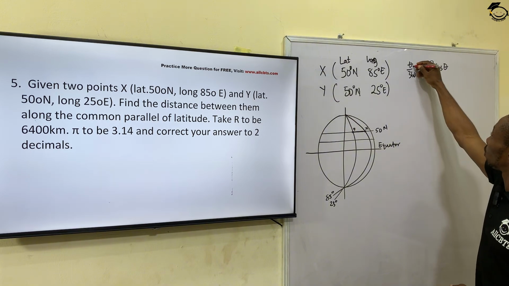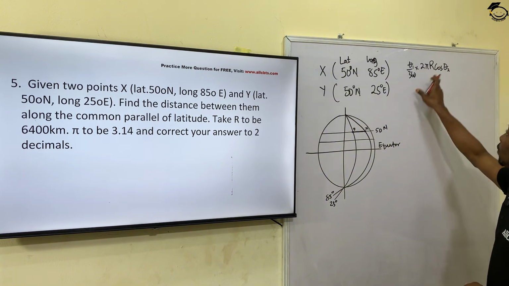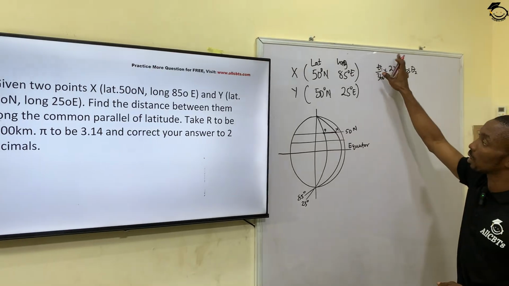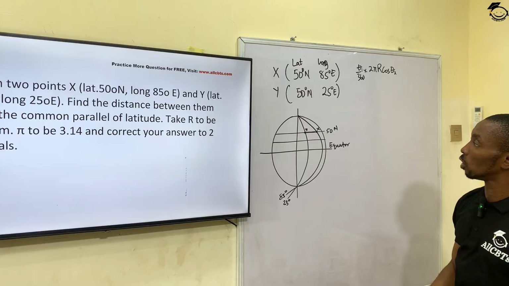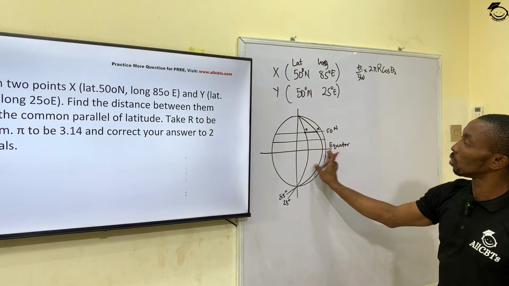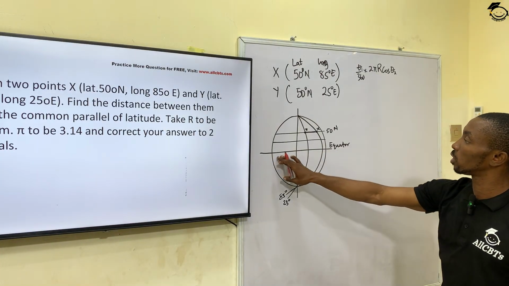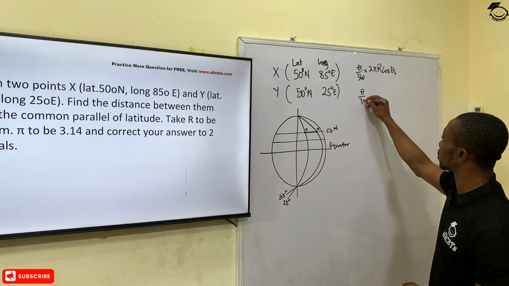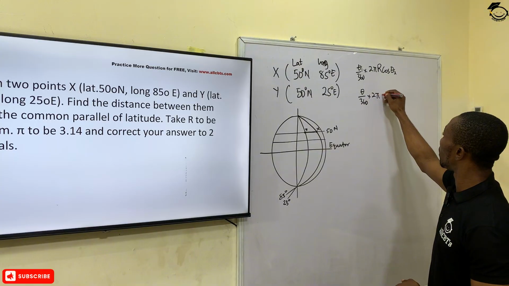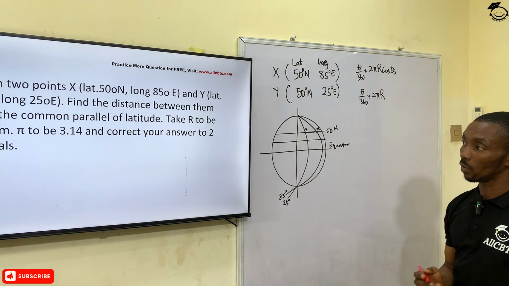Now, this is the general formula for calculating on smaller circles. If we are calculating on bigger circles, which is our equator and our longitude, we have it as theta over 360 times 2 pi radius of the earth.